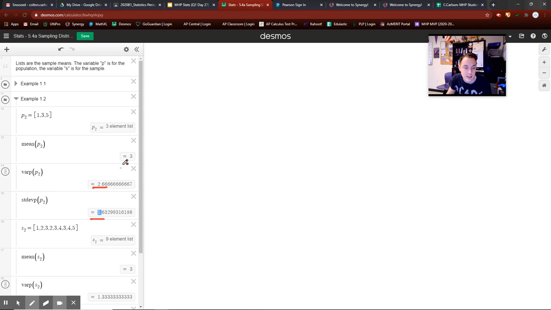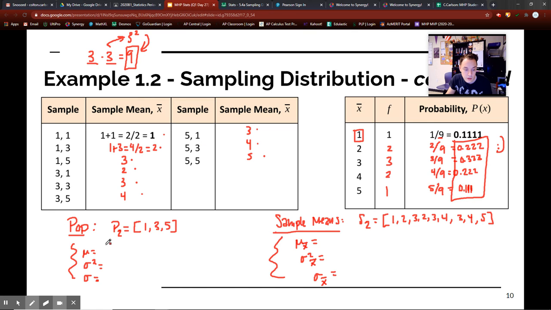So I'm going to take those numbers and go back and write them in. So that's the first set of numbers. And these are just my populations here. Okay, so 3, 2.67, and then 1.63.